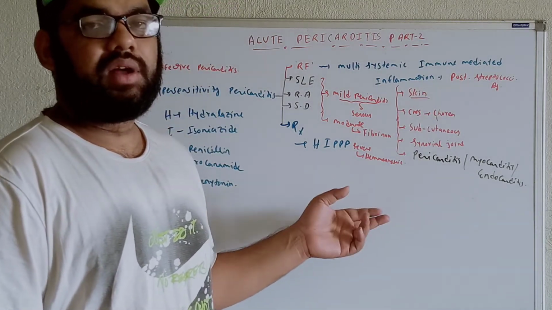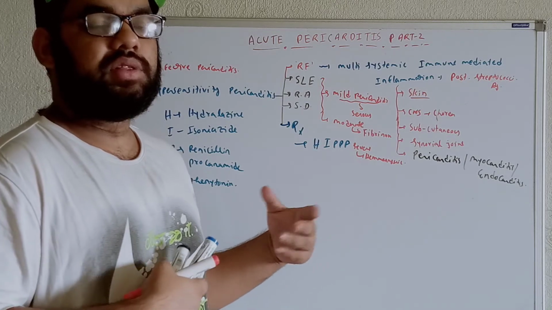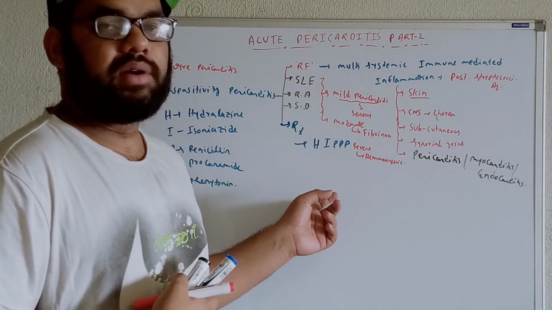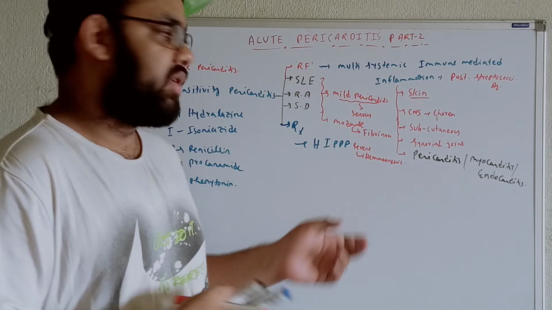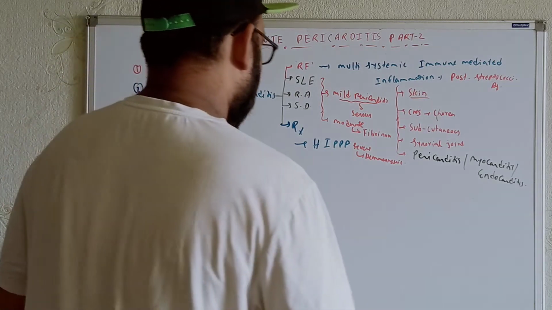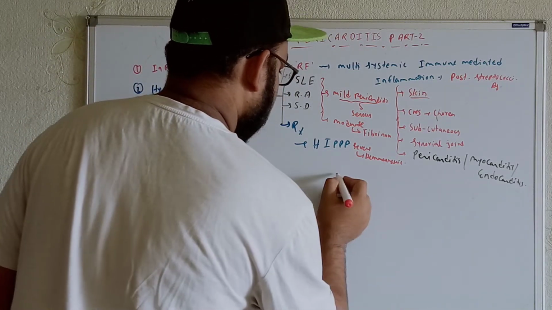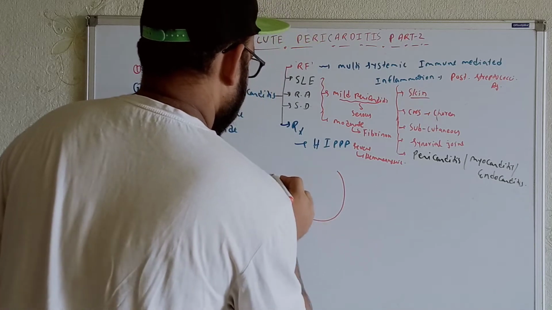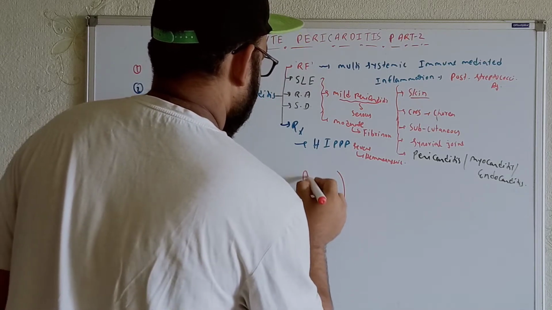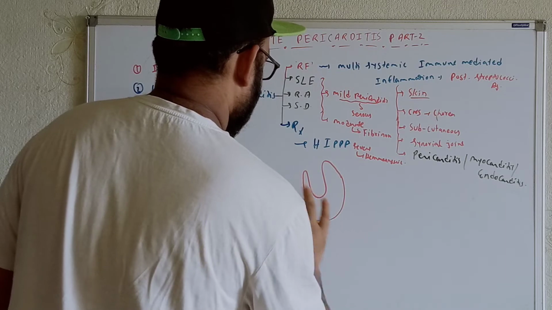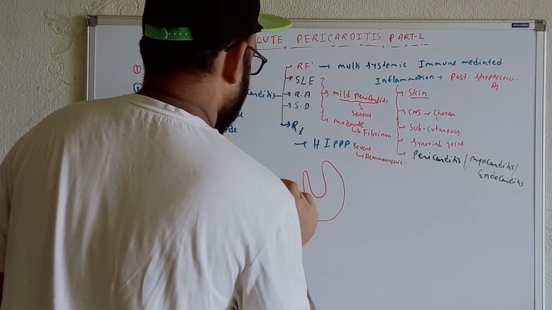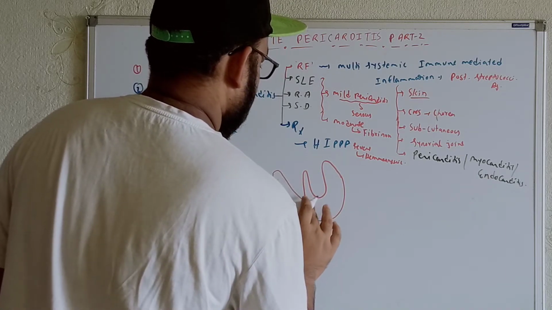Okay. Now sometimes if we see damage on the heart, for example in terms of the endocardium, let's draw it over here, then I think it will be easier for you to understand. Let's make it in this way.